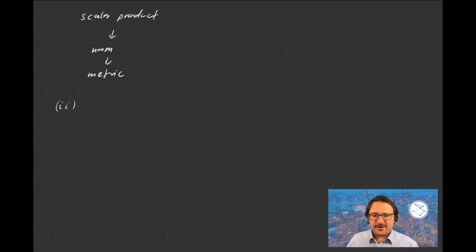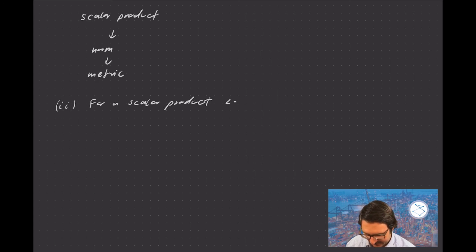That's one of the ways they work together. If you have a scalar product and you look at that and the norm induced by that scalar product, then those are related by an inequality that will often be very handy. So we write that down. For a scalar product, we'll denote in that usual way here, using these angle brackets, and the induced norm, that again will be written in the usual way, the so-called Cauchy-Schwarz inequality holds.